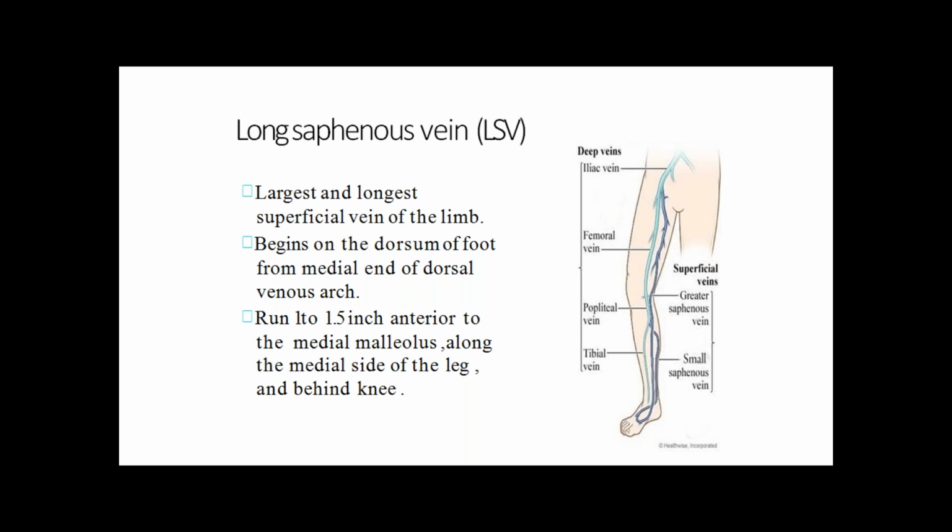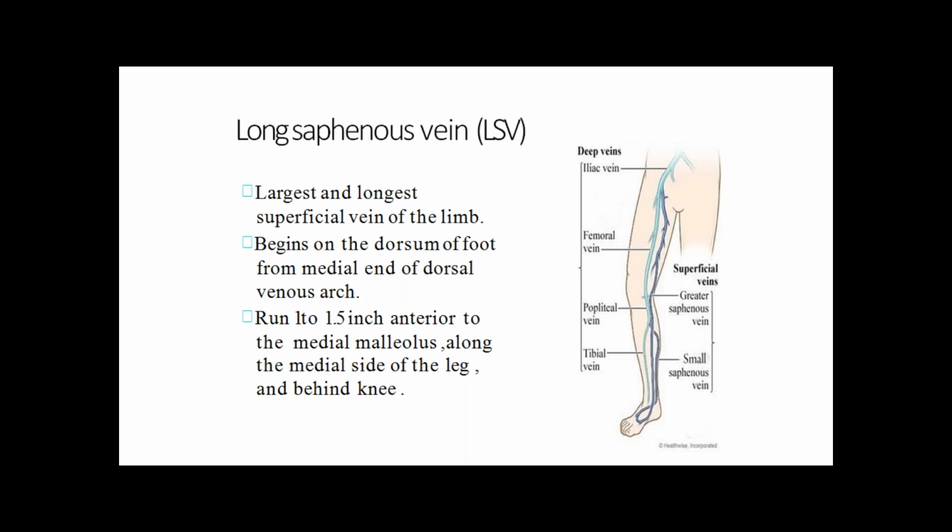Whenever in casualty or house urgency or any surgical department, a patient comes with severe burns or severe dehydration where we could not cannulate the veins, then we have to go for venesection of the long saphenous vein. 1 to 1.5 inch anterior to the medial malleolus, we have to give the incision, where the long saphenous vein will be more superficial.